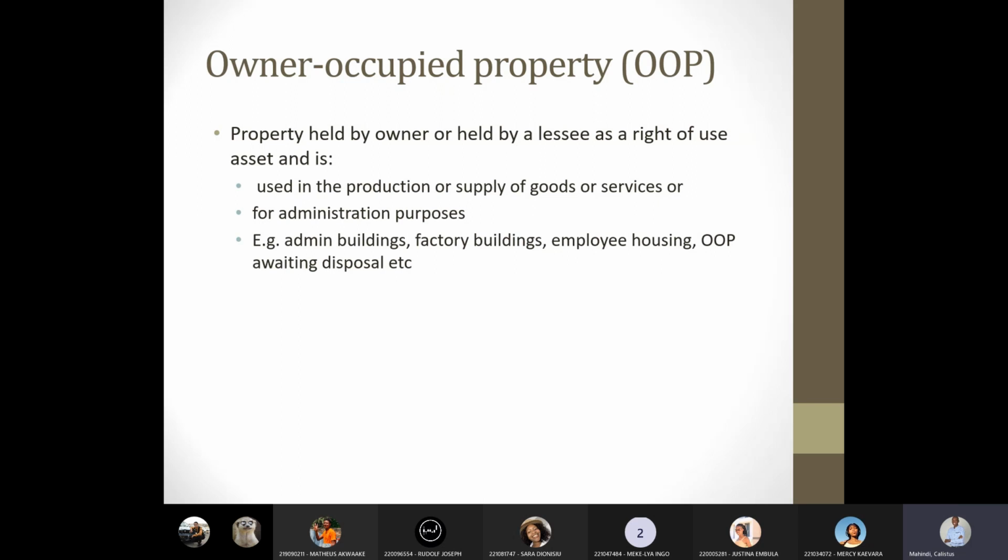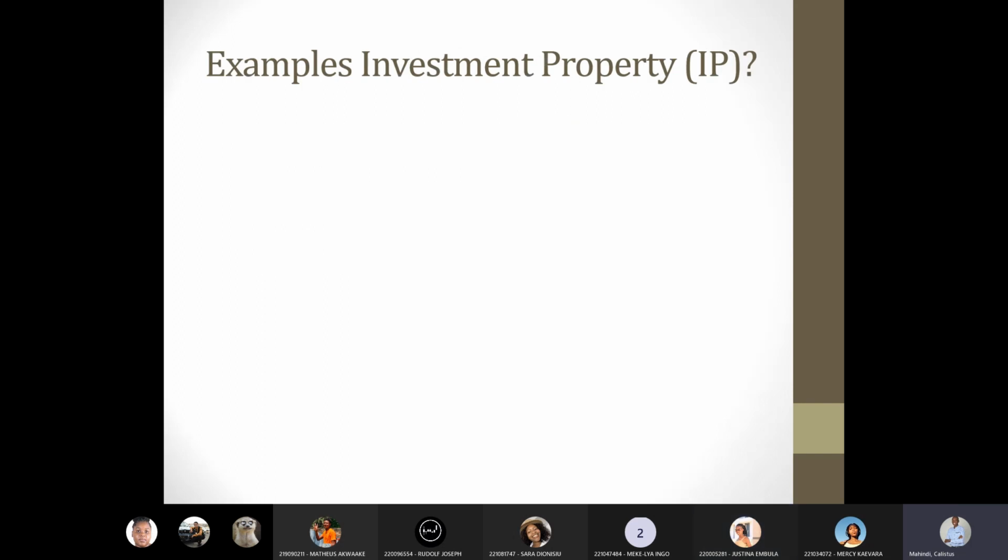Non-current assets held for sale will be the last standard that we're going to deal with this semester. So we've already dealt with IAS 16, property, plant, and equipment. All right. But it might be that other owner-occupied property may meet the criteria to be classified as non-current assets held for sale.